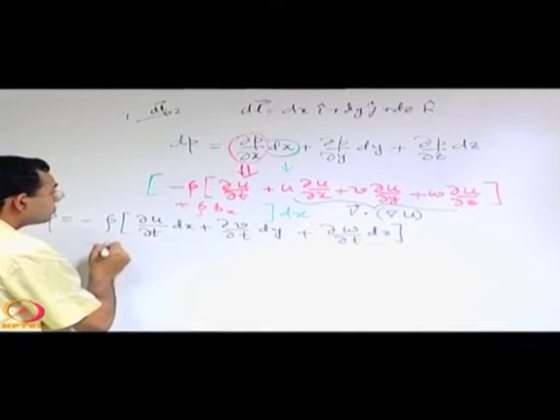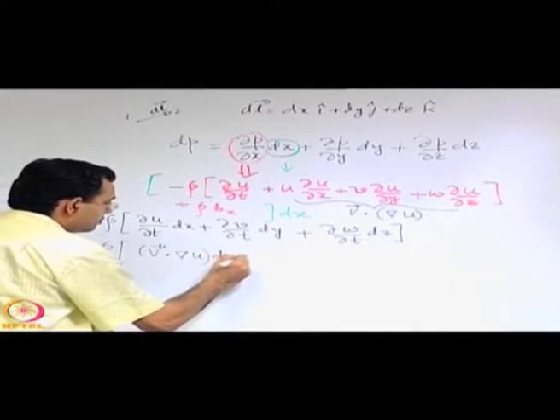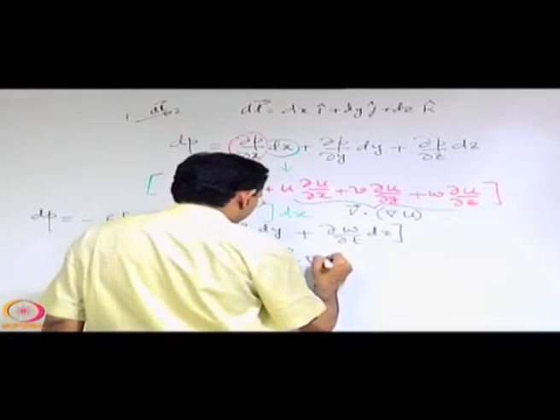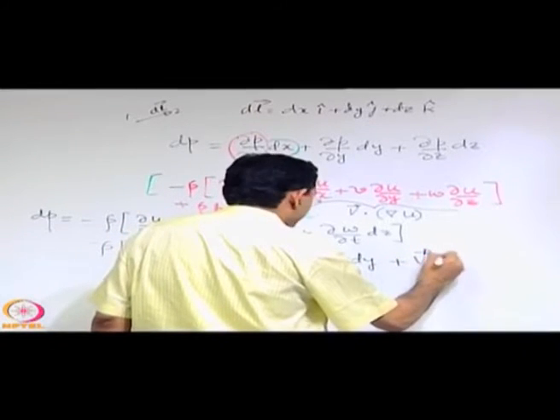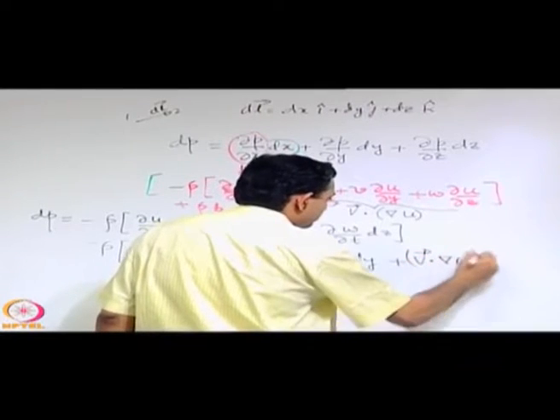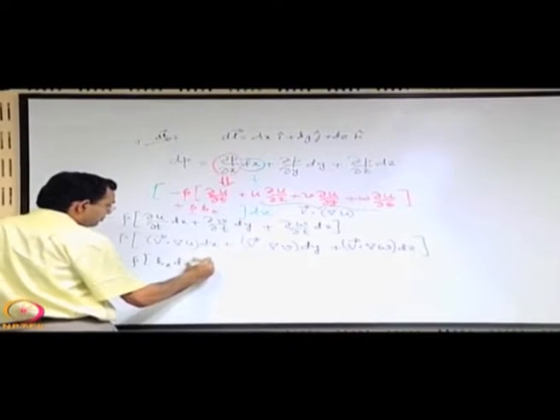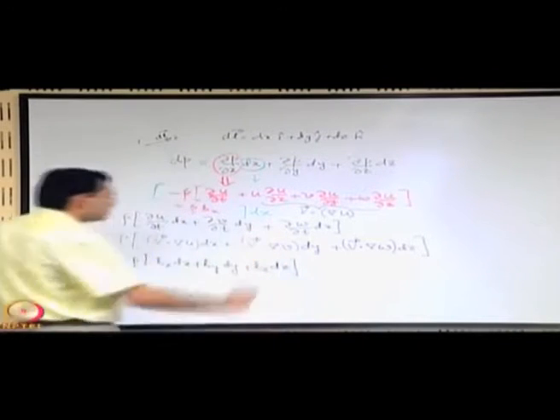This is the temporal component, then minus rho, and the body force term. So these 3 types of terms are there.